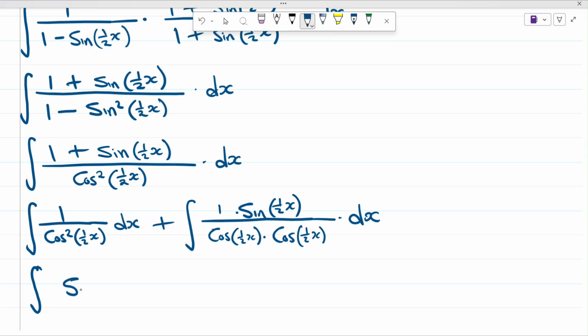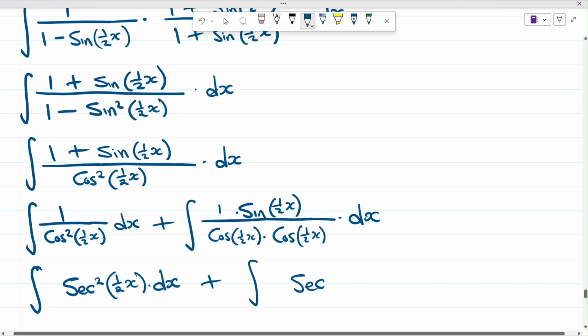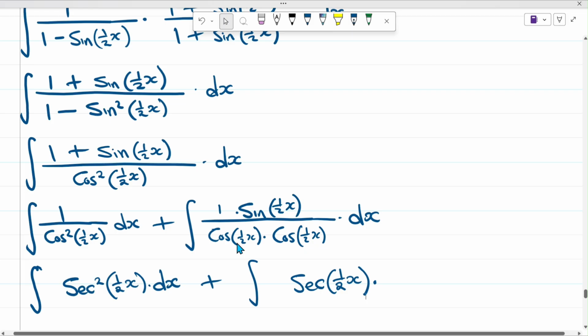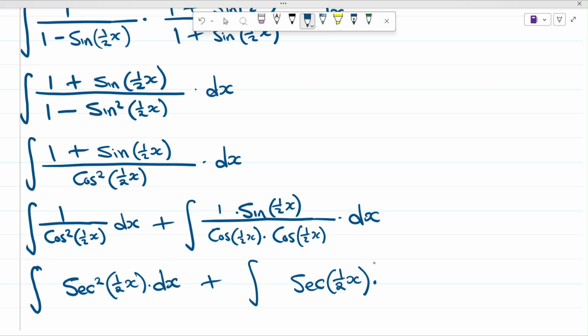So this is equivalent to the integral of sec squared of 1 over 2x dx plus the integral of 1 over cos, which is sec of 1 over 2x, multiplied by sine over cos, which is tan. So here I'm going to write tan of 1 over 2x dx.